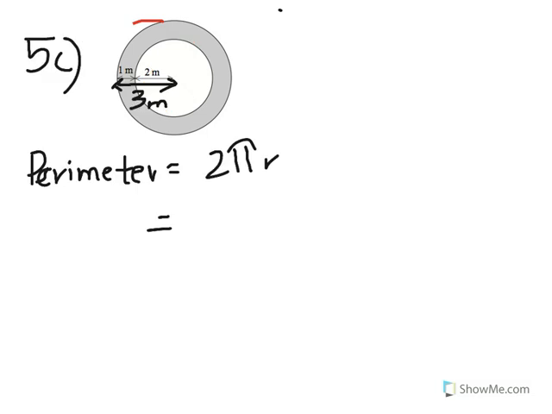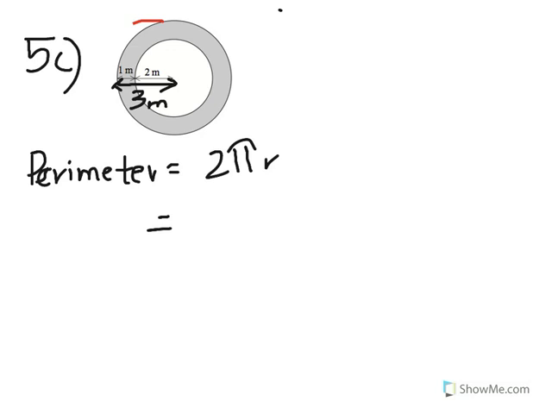Okay, in 5c you're being asked to find the outer circumference of the path. Now, circumference for a circle is nothing but the perimeter, it's just a fancy word. And so this formula again, if you don't know any of these formulas, by the way, there's a formula sheet on the front of the exam with all these formulas, so don't worry about it. So the formula for perimeter of a circle is 2 times pi times radius.